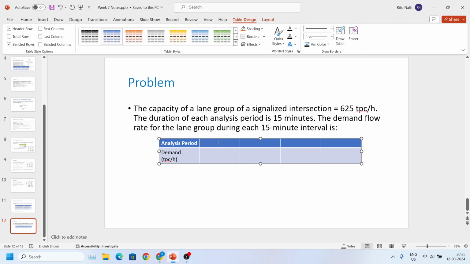So this is from 0 to 15 minutes. Then you have 15 to 30 minutes, 30 to 45 minutes, and then you have 45 to 60 minutes. So here the data is given, say 645, 637, 649, 657.